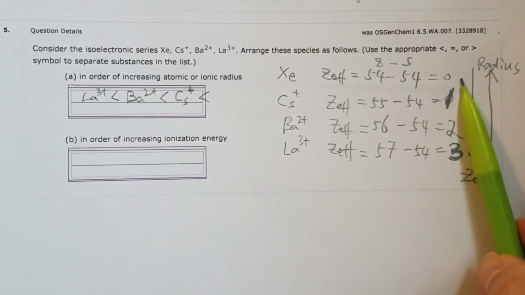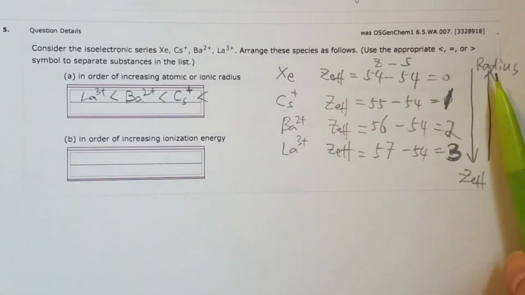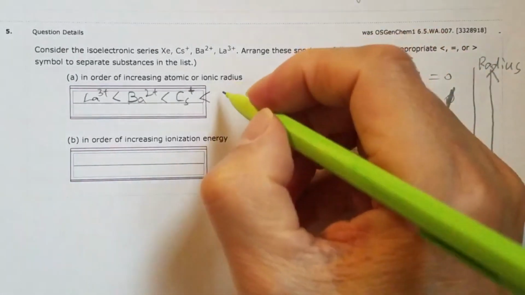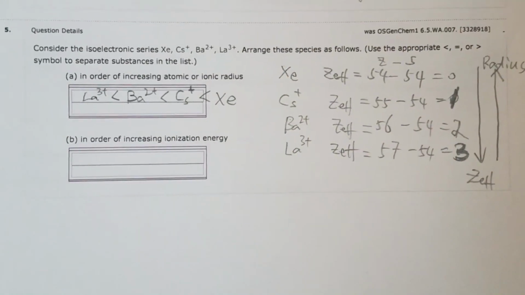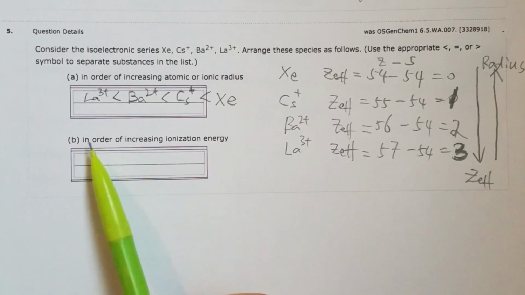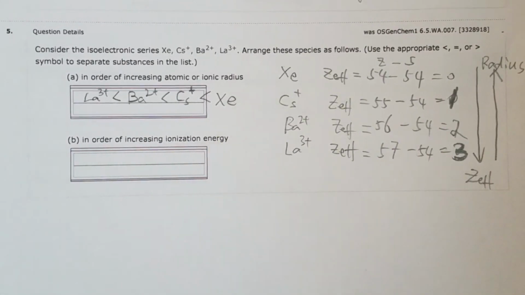The smaller the Z effective, the larger the size. So therefore, xenon should be the largest one. That's for A. Okay, in question B, we need to place them in order of increasing ionization energy.